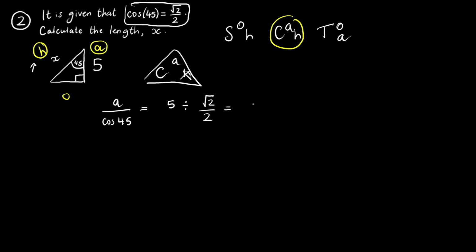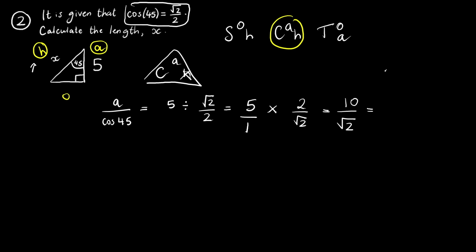Now you might know keep flip change, so keep the first value, flip the second one, change the divide into a multiply. Because 5 is a number on its own, remember that 5 is the same as 5 divided by 1. Then we're multiplying two fractions, times the top, times the bottom.